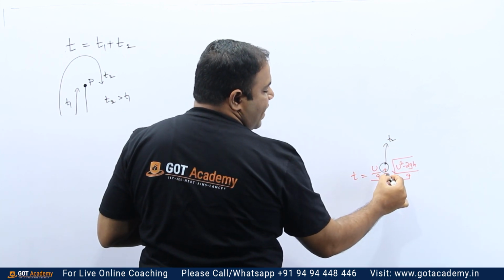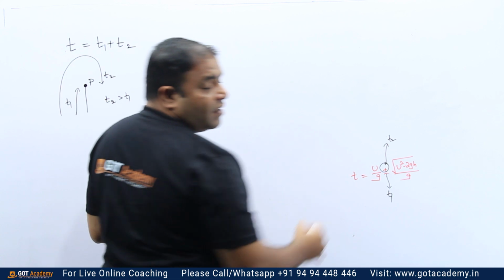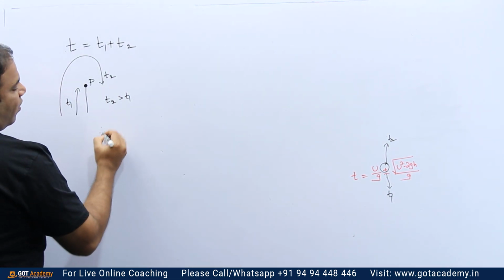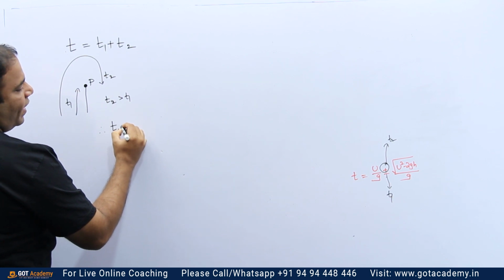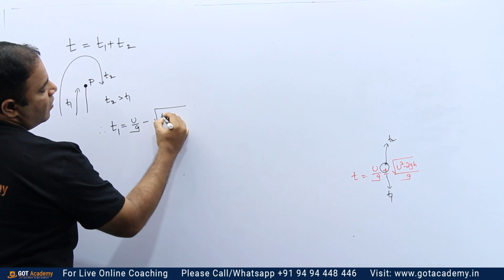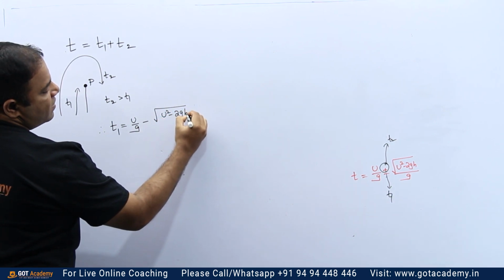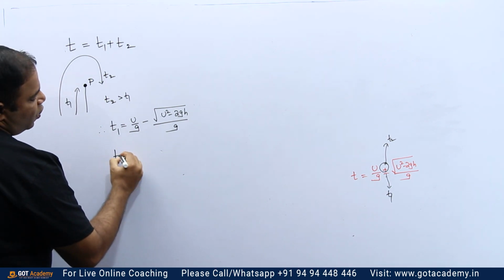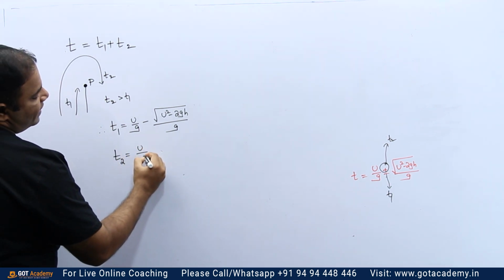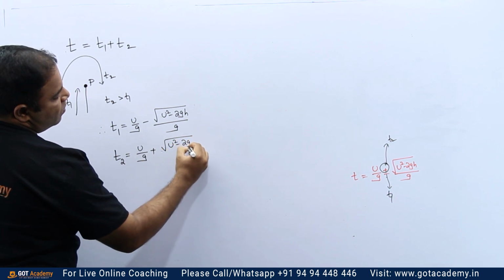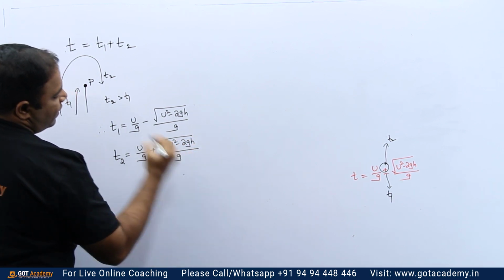If I take this minus, let me assume it as t1. Okay. So therefore t1 is equal to u by g minus root over u square minus 2gh by g. Like this I can take. Whereas t2 is u by g plus root of u square minus 2gh by g.